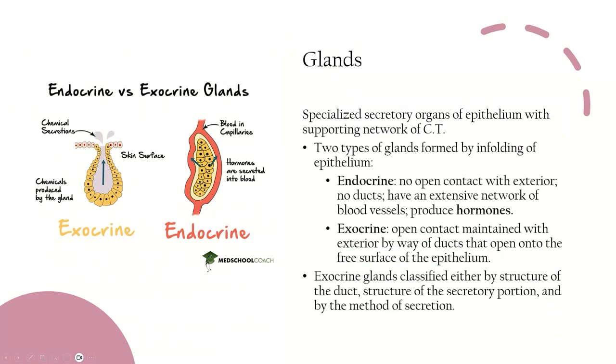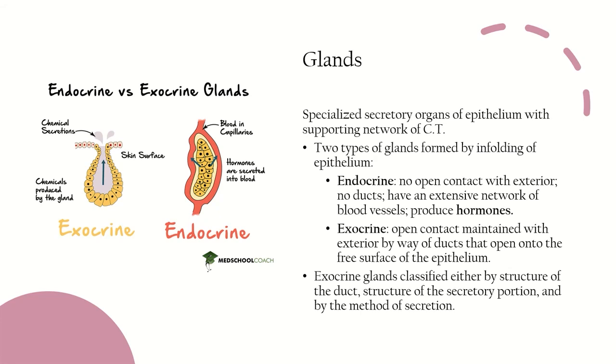Now, glands are a fun little example of epithelial tissue types, I should say. They're not exactly what you would think would be epithelial, but they are in support of the connective tissue, and that's what that CT is there for. There are two different types of glands because they're infolding of the epithelial tissue, and they're organized by what they look like, their structure.